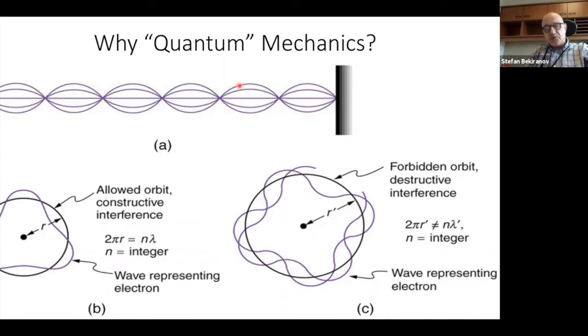Here I have 1, 2, 3, 4, 5, 6. To make it 7, I have to jump to 7 integer wavelengths, and that just creates a jump in energy. It's not continuous, and hence the name quantum. It results in quantum energy states and other relevant measurable variables being quantized. Any question here? So that's why quantum.